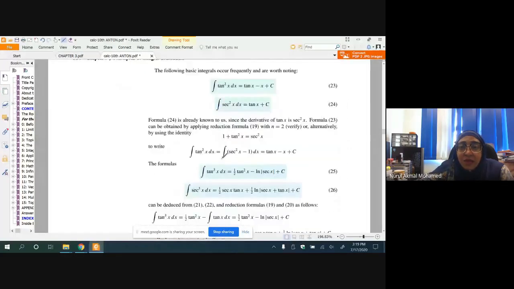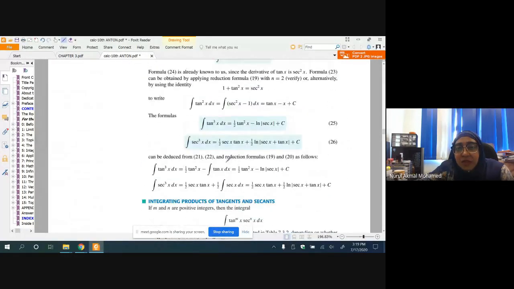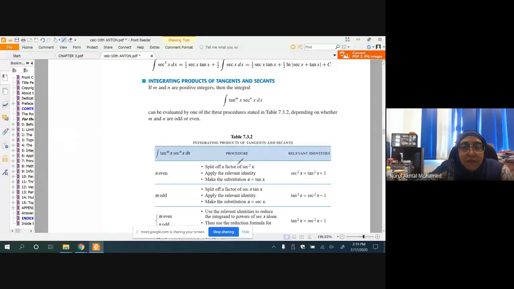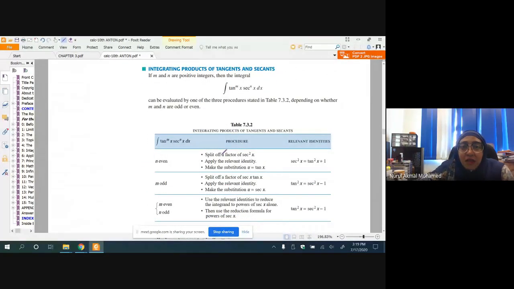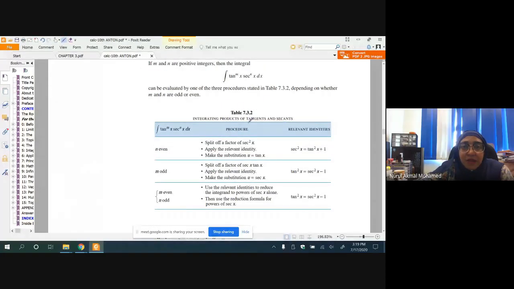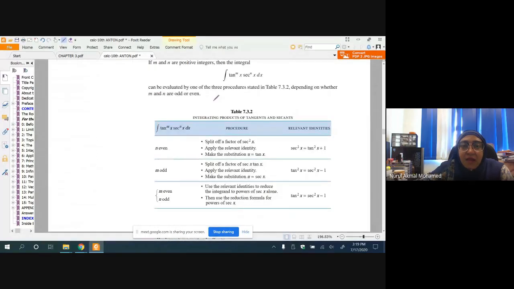I hope you can do it at home, because we have the same procedure, but it is in this table here. They also concern whether m and n are even or odd. If n is even, then you use this procedure. If n is odd, then there's another one.